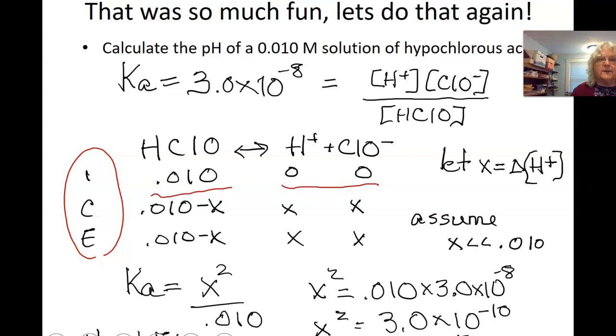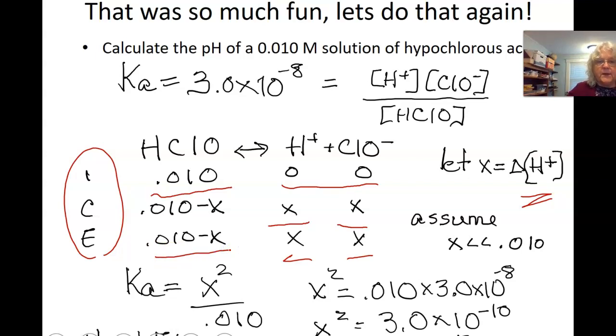The hydrogen and the hypochlorite ion are both 0 to start with. And again, I'm going to let X equal the change in the H plus. So I put that in here. Then my ClO minus is the same. And so I'm left with X and X and 0.010 minus X.